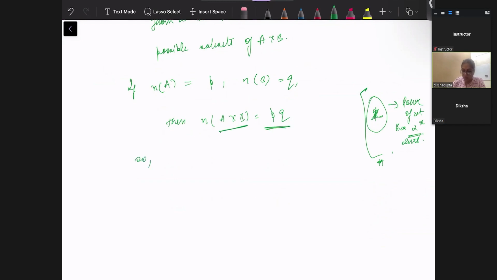So the total number of relations possible are 2 raised to the power pq, right?